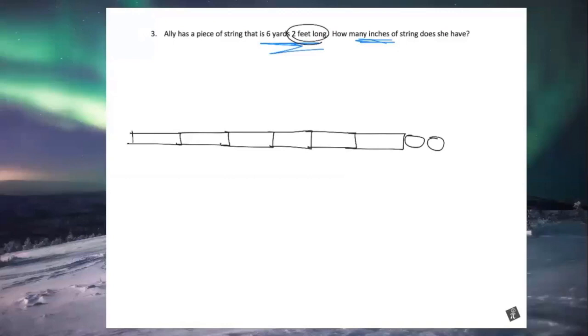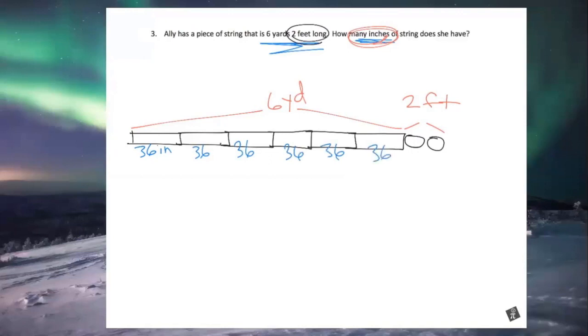So we've got our 6 yards, and 2 feet. Now, if we want to know how many inches we have, well, our lookup table says we've got 36 inches right here, 36 here, 36 here, 36, 36, 36.